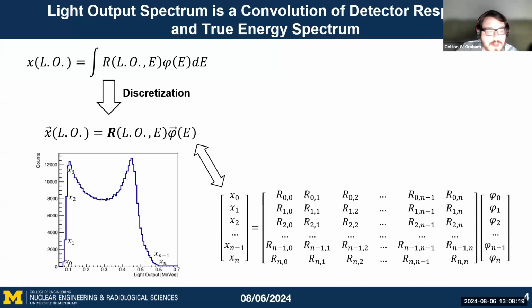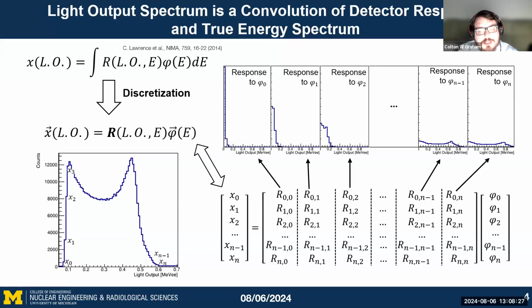Now, writing that out and looking at the individual components of this, the light output spectrum vector, again, that you measure is just the counts within each bin of the histogrammed light output spectrum. The detector response matrix, you'll note each column of that is essentially just the response of the detector to gamma rays within each energy bin of the true gamma ray energy spectrum that you're interested in.